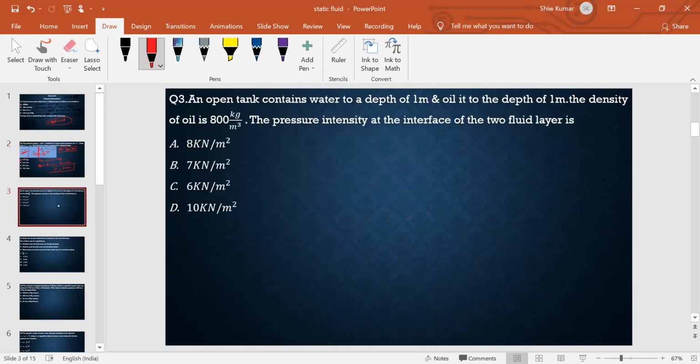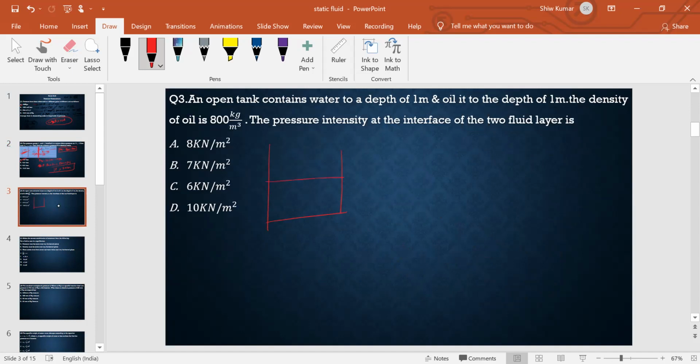The next question we'll see here. An open tank contains water to a depth of 1 meter, and oil to a depth of 1 meter. The density of oil is 800, and we need the pressure intensity at the interface of the two liquids.